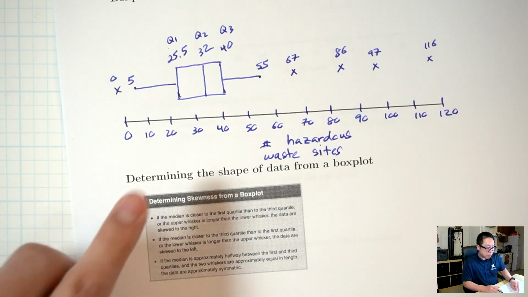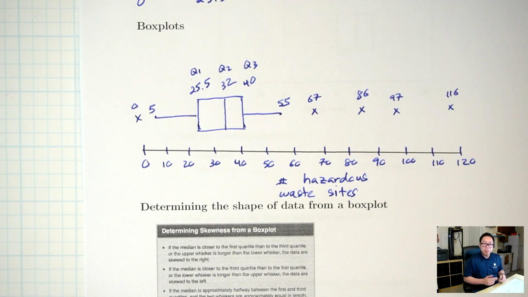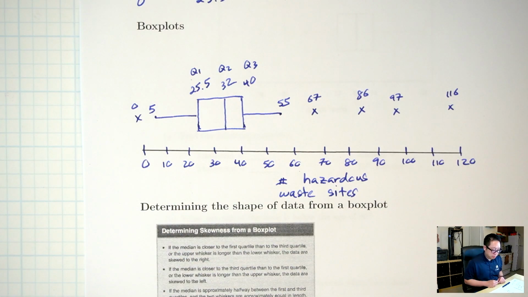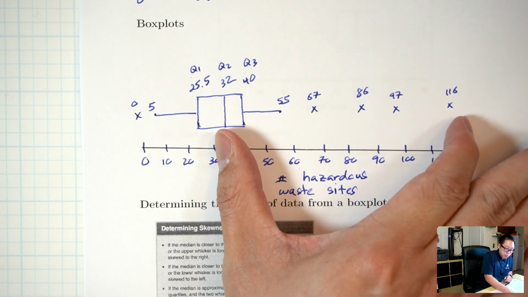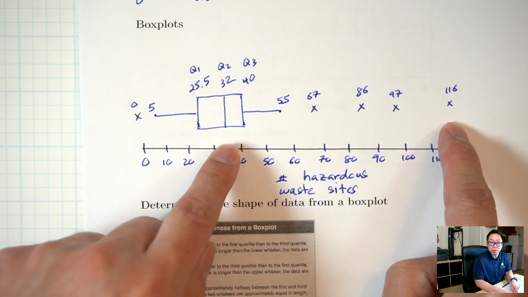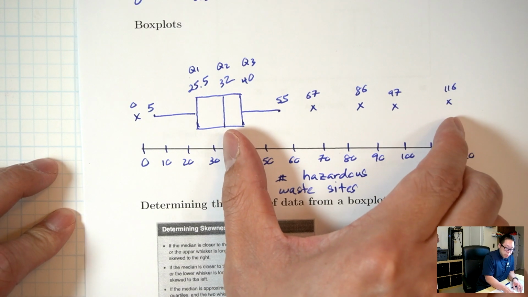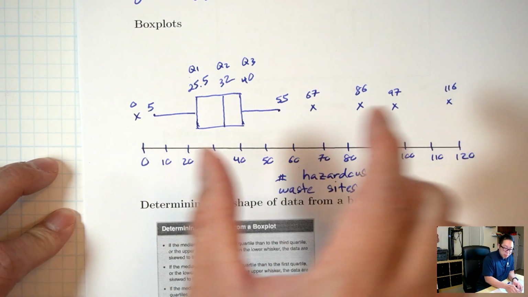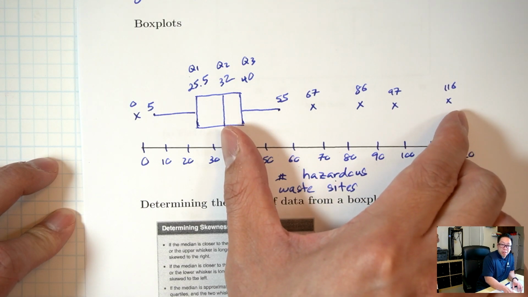All right, so looking at my box plot here, is this skewed right, skewed left, or symmetric? So middle, all the way to the right. So when I say all the way to the right, you want to include the outliers also. So middle all the way to the right versus middle all the way to the left. So obviously, right side is longer.